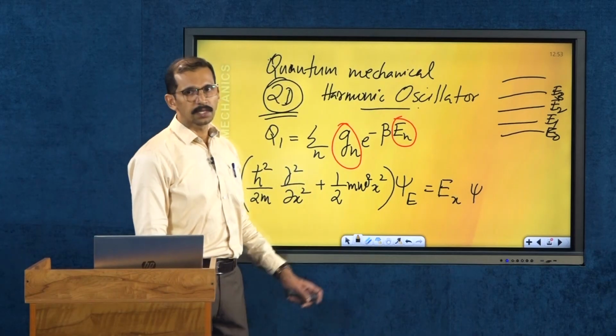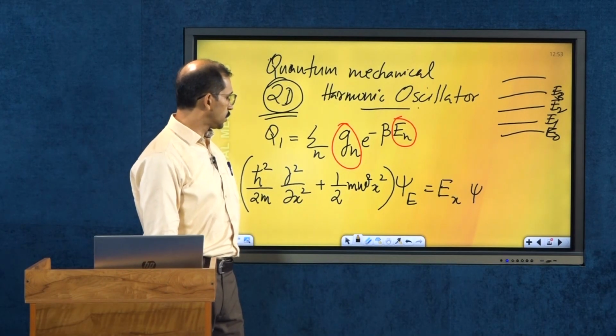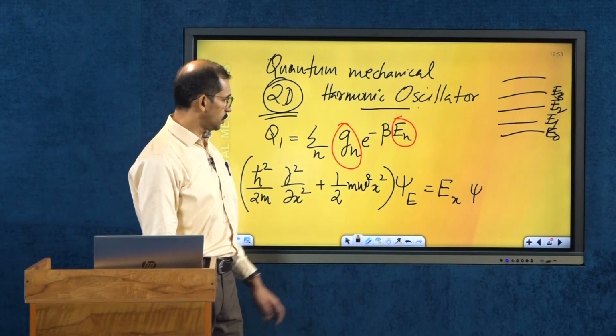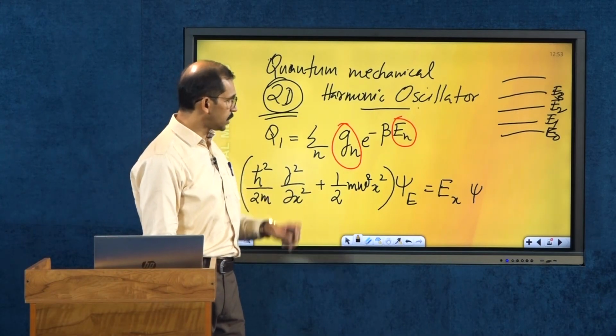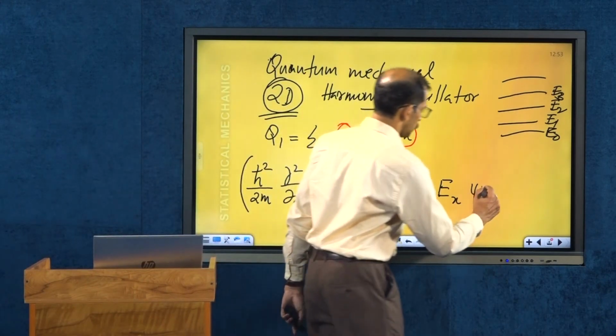This is the way we write the Schrodinger equation for the situation.